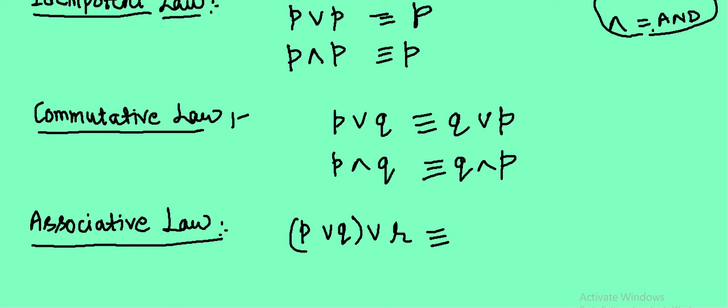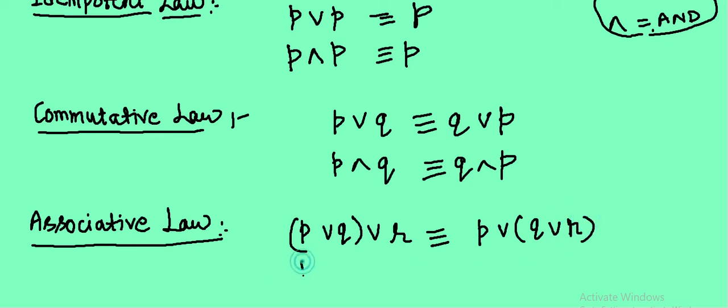So in that case, P or Q or R is associated with P or the disjunction of Q or R, so it will be the same.